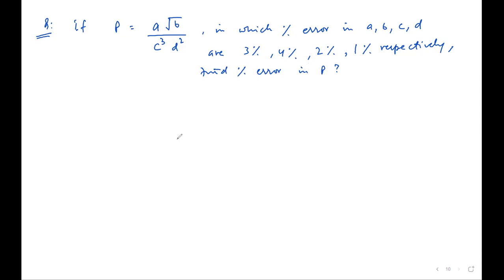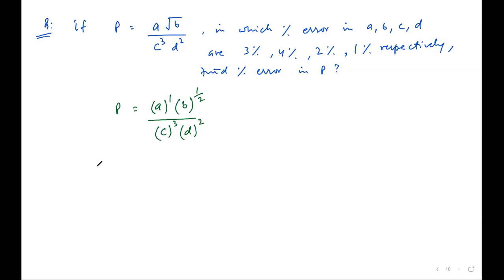So how to define it? Just say in this expression, P is equal to A raised to 1, B having square root, so in exponential it will be written as power half, C raised to 3 and D raised to 2.